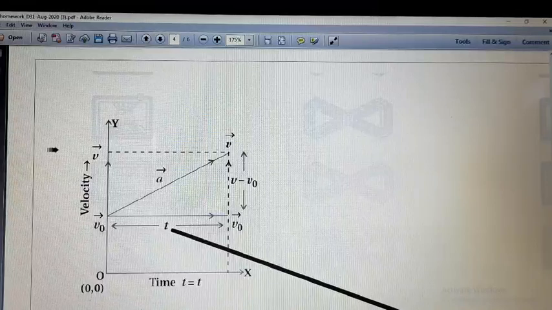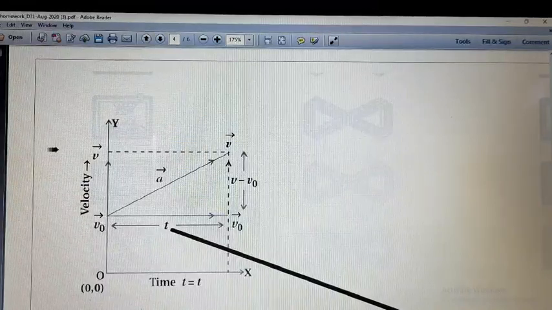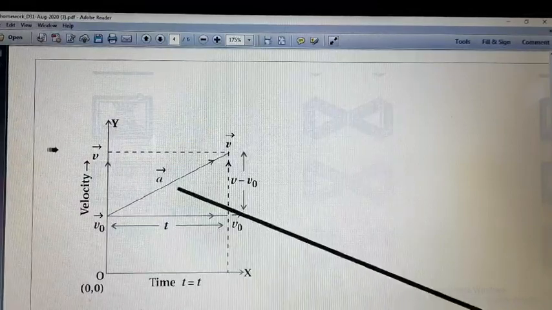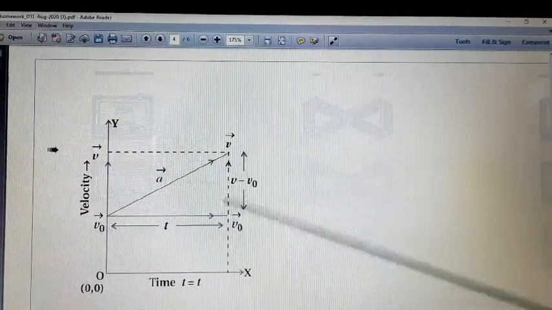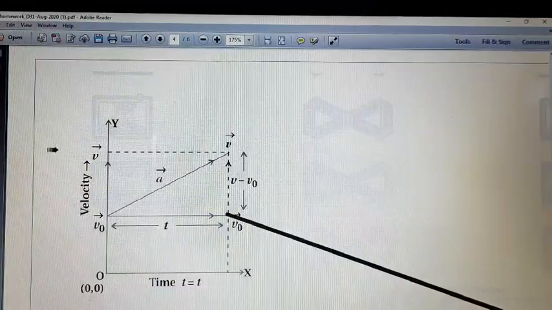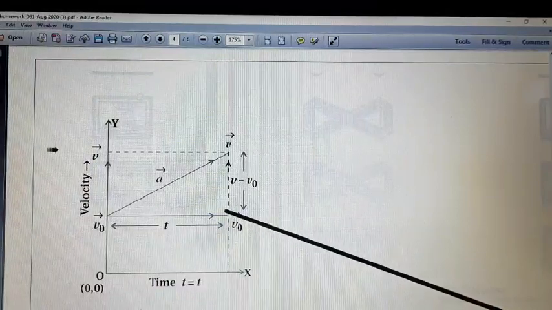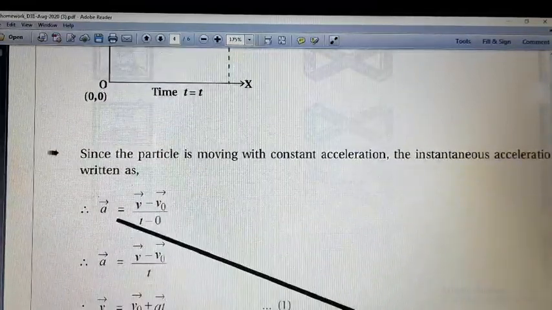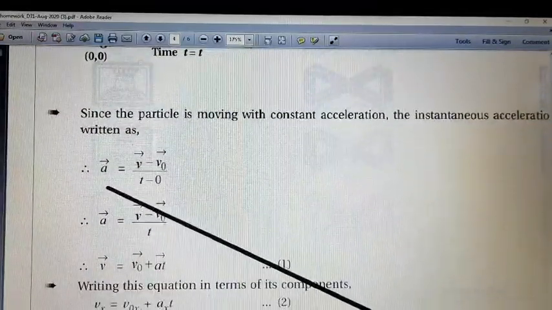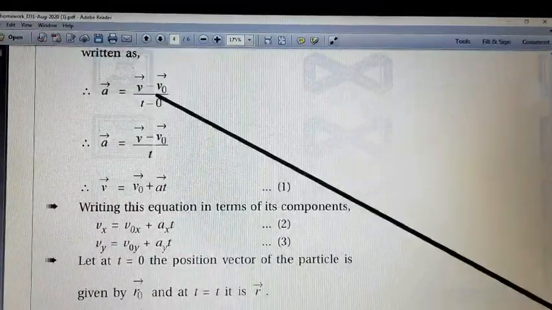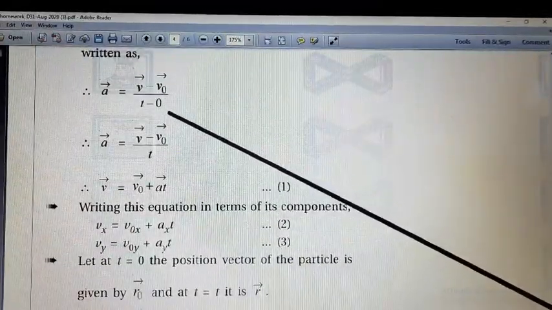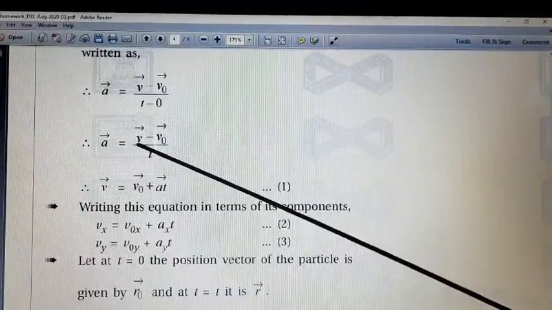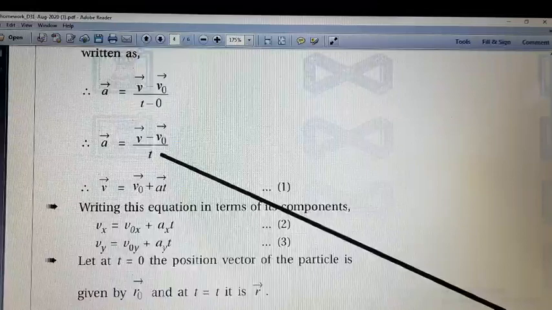small t. So friends, first of all, according to the definition of acceleration, we can write acceleration is equal to change in velocity upon time taken, means t. So we get our first equation: vector a is equal to vector v minus vector v0 upon t minus 0, means vector a is equal to vector v minus vector v0 upon t.